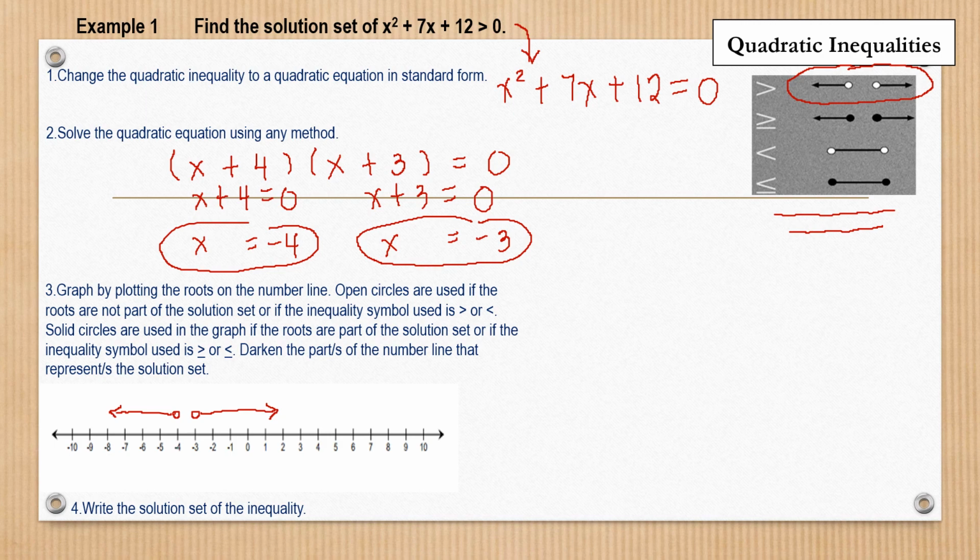The solution set, for step 4, we are asked to write the solution set of the given inequality. So we say that the solution set is the set of all x's such that x is less than -4 or x is greater than -3.